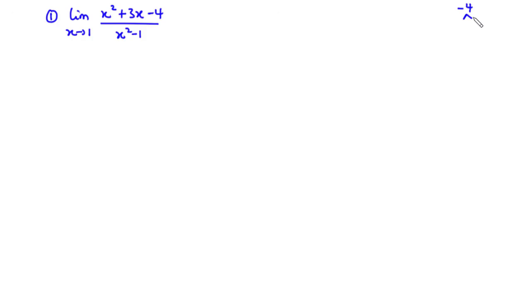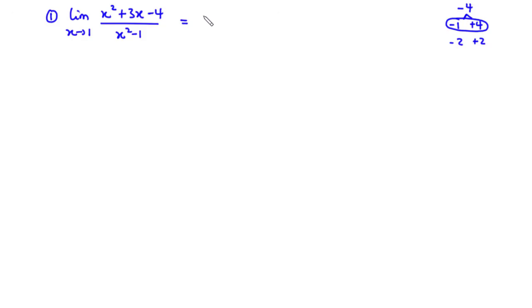Now we need to find the factors of negative 4 such that when you multiply them, you have negative 4. However, when you add them, you have plus 3. So factors of 4, we have 1 and 4, 2 and 2. Now since we are looking for the factors of negative 4 that will give us plus 3 when we add them, then we can think of negative 1 plus 4. So we are going to use this pair, negative 1 and then plus 4.